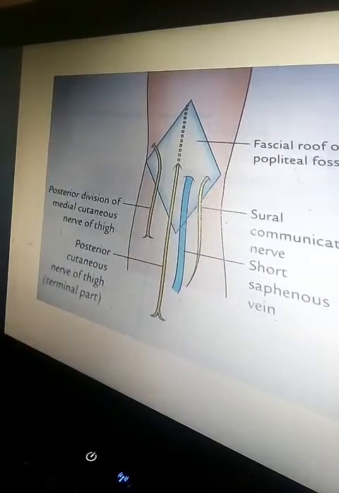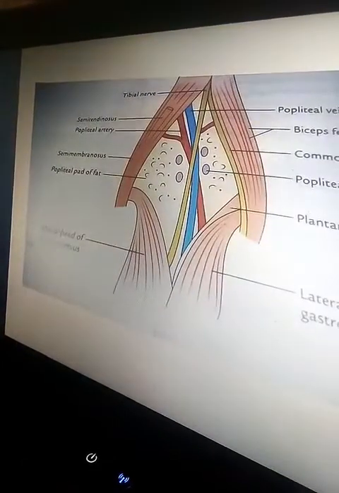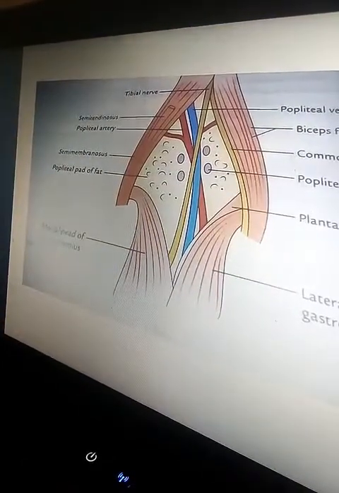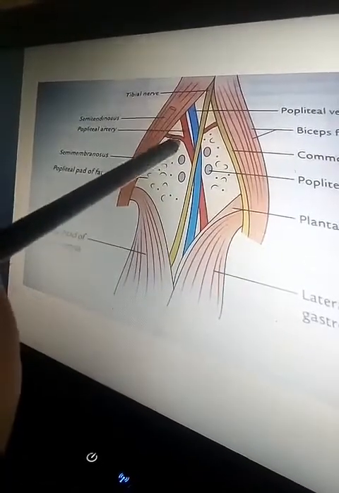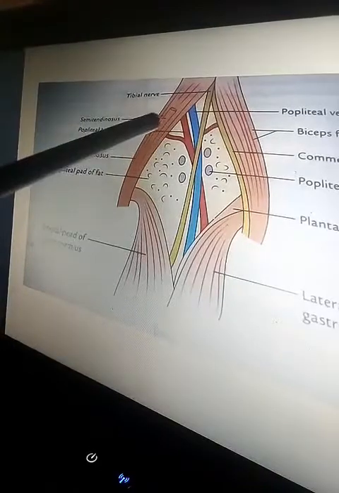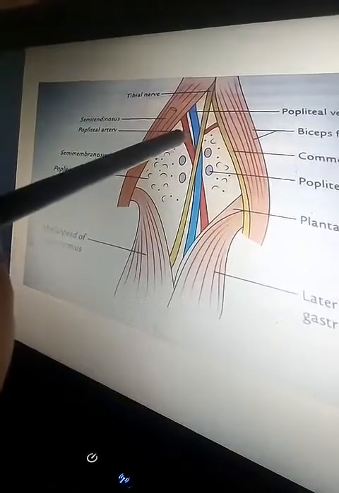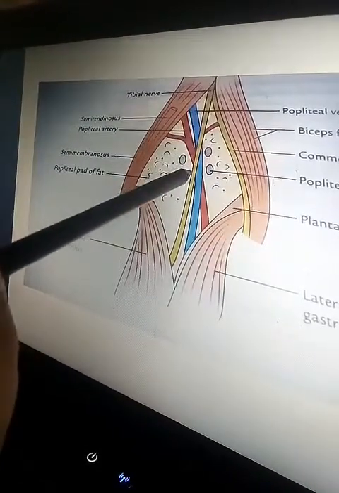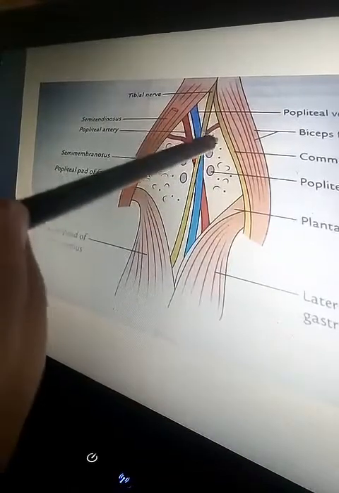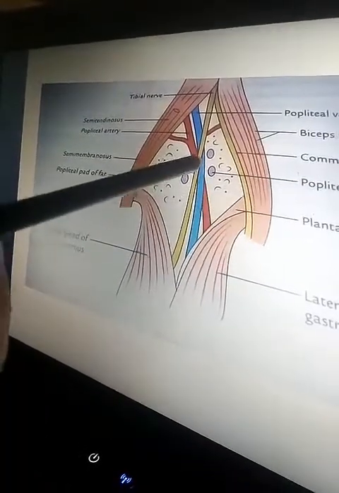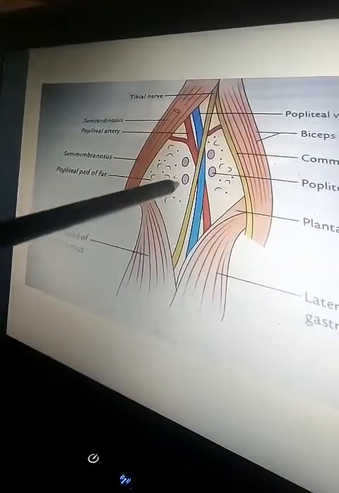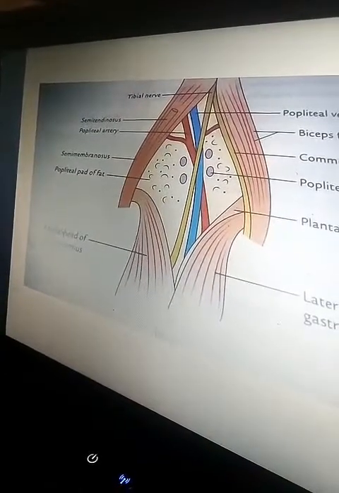Now contents of the popliteal fossa. Popliteal fossa consists of popliteal artery and its branches, popliteal vein with its tributaries, tibial nerve and its branches, common peroneal nerve and its branches. Besides, we have popliteal lymph nodes and popliteal pad of fat.